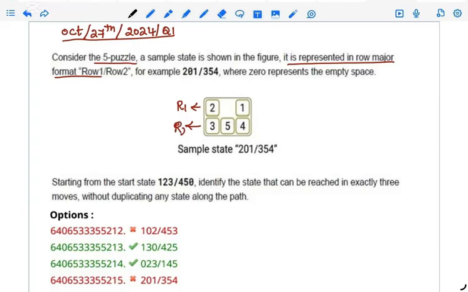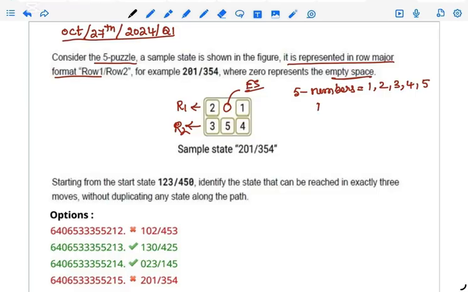Row 1, row 2, row major format puzzle. 2 0 1, where 0 represents the empty space. This is a 5 puzzle, that is 5 numbers, 1 2 3 4 5, and 1 empty space, right?